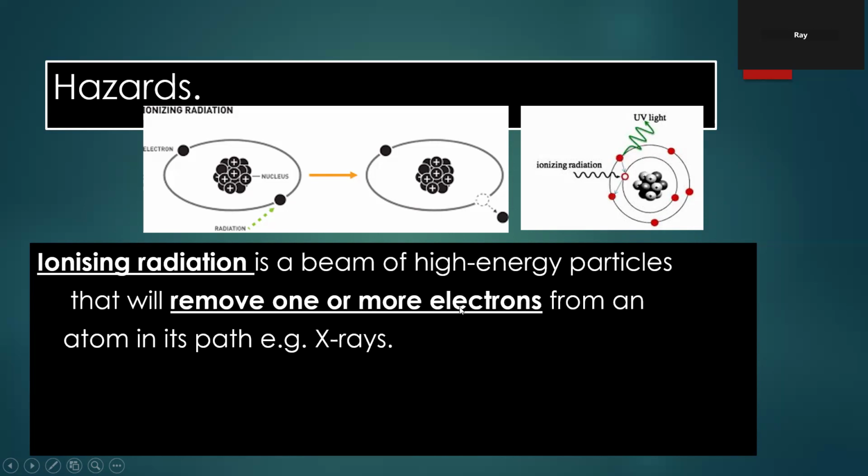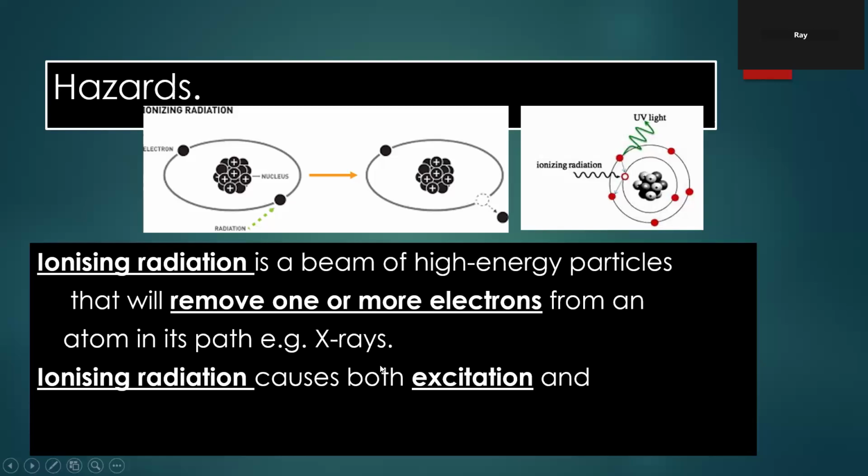Removal of one or more electrons from an atom in its path, for example, X-ray. Ionizing radiation causes both excitation, this is the case of excitation, where this electron is promoted to a higher energy level, and ionization, where this electron is lost completely.